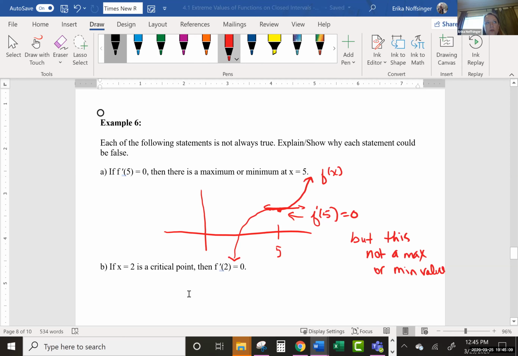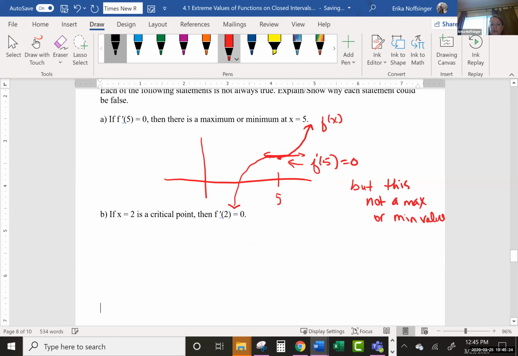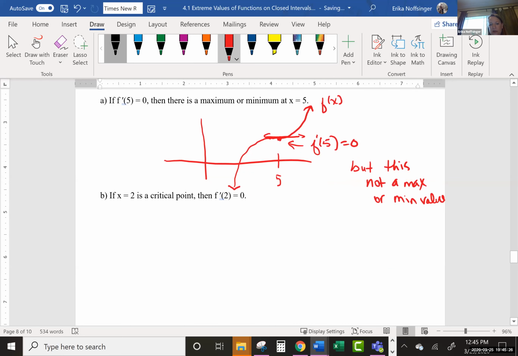So true or false, if x equals 2 is a critical point, then the derivative at 2 has to equal 0. So remember how we were finding the critical numbers. One way was looking at when the derivative was equal to 0. And so that is one way it could be a critical number, but the other way that it could be a critical number was if the derivative was undefined at that value.